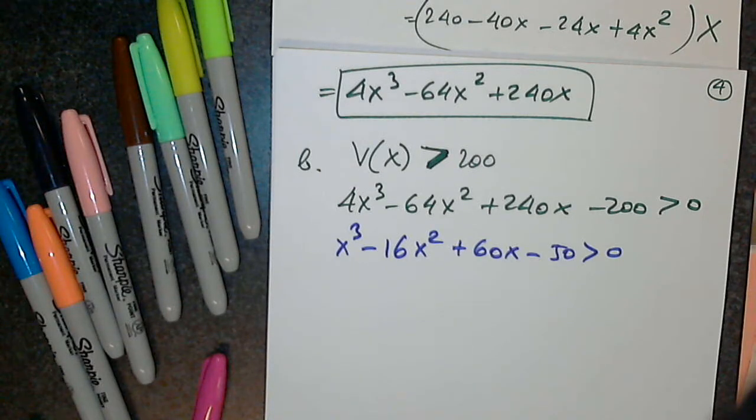So x minimum 0, x maximum 6, and scale of 1. For y minimum, we're talking about volume, true, but we're not really graphing the volume, right? We have that minus 200 in there.